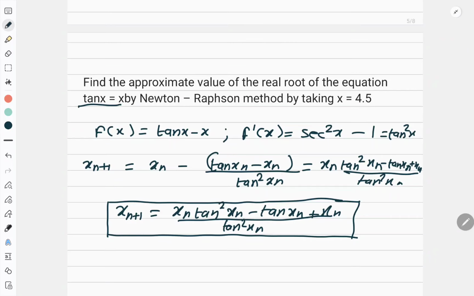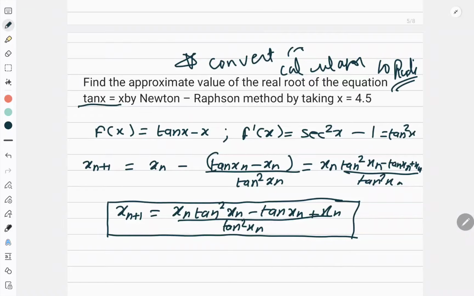Now, what is the precaution I told you to take when you are dealing with the trigonometric function? Your first step, convert calculator to radian. It is a must, otherwise your answer will be wrong. Right?